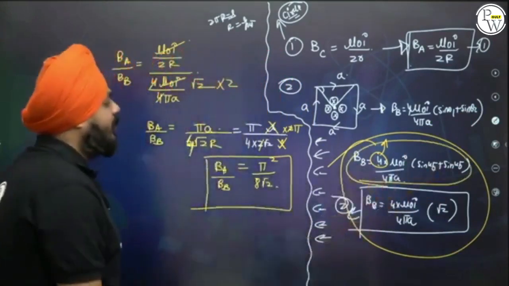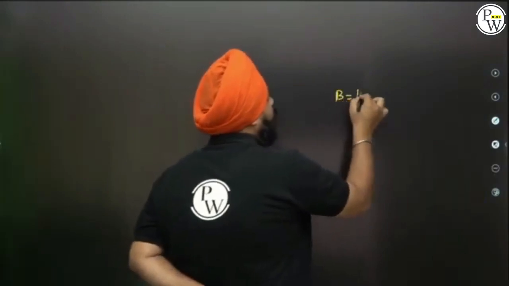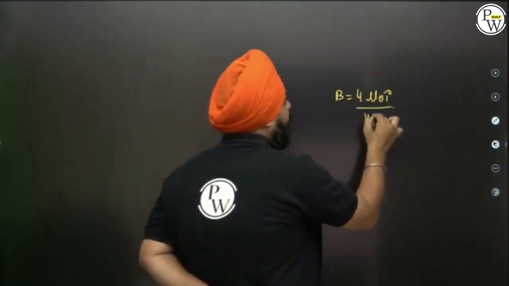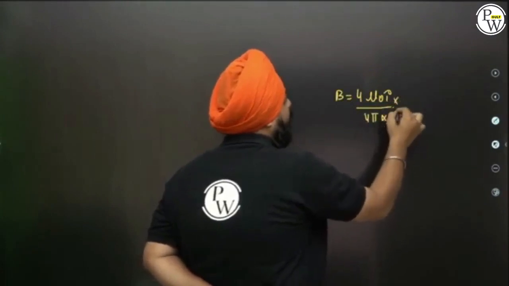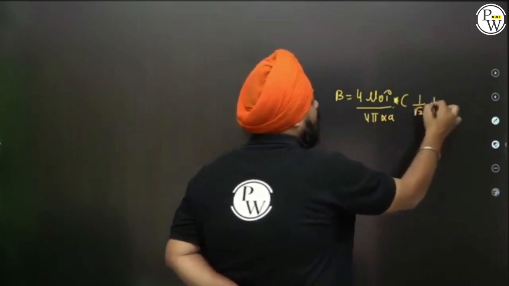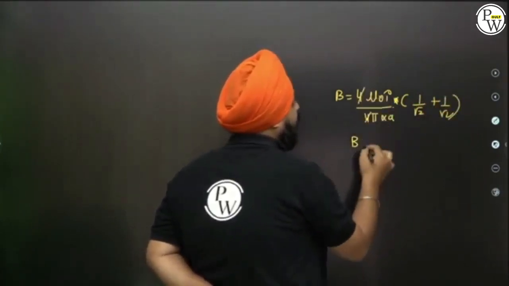If you want to solve it again, then B is equal to 4 mu 0 I whole divided by 4 pi into perpendicular distance, and that is 1 by root of 2 plus 1 by root of 2. So this 4 is going to get cancelled.